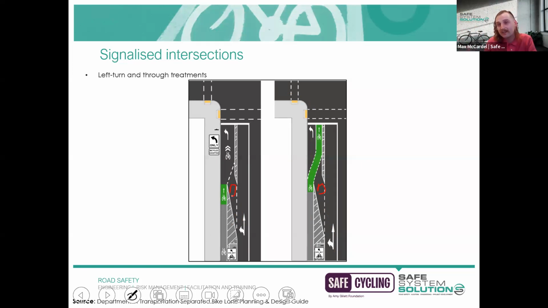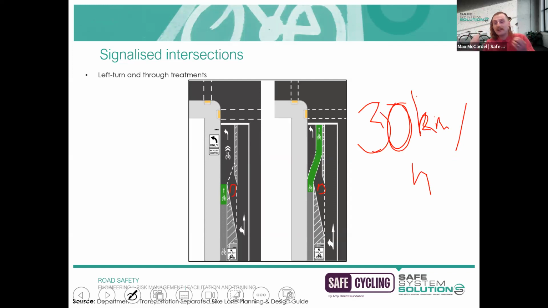So if there were a collision to occur there, it's likely to be survivable. And that speed, again, that we were talking about, for those that may have forgotten, is around the 30 km/h mark or below. That's the kind of speed of a vehicle that we want to target where there is a potential interaction with cycling traffic.